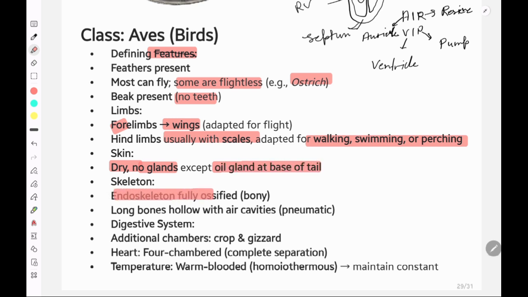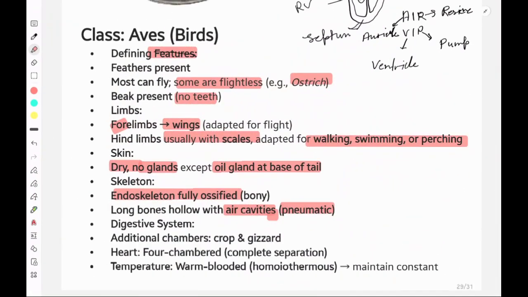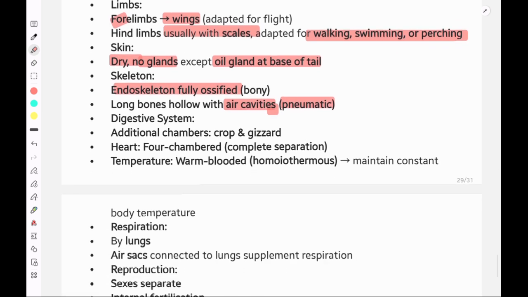Skeleton: the endoskeleton is fully ossified, which means it is bony. Long bones are hollow with air cavities. They are called pneumatic bones, which are light. They have an additional chamber in the digestive system, which is the crop or gizzard. They have a four-chambered heart, which means their blood during circulation does not mix oxygenated and deoxygenated.